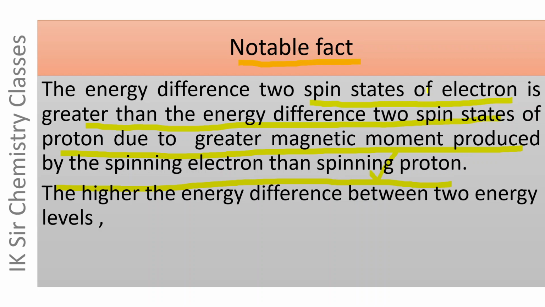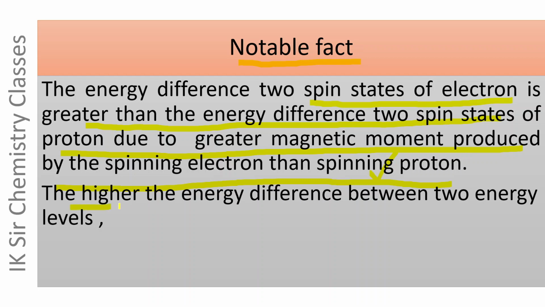The value of beta is higher, and therefore this energy difference between two spin states of electron is greater than the energy difference between two spin states of proton, which is equal to g B beta_n. The beta_n has lower value than beta.